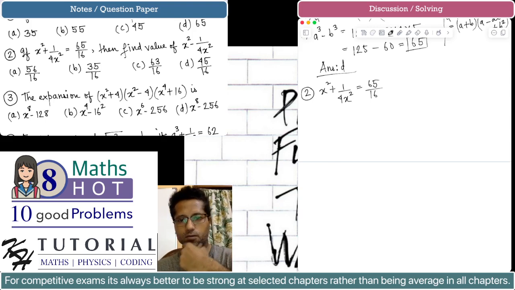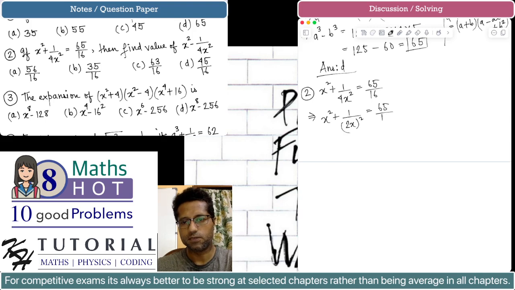Okay, now we know that x square plus 1 by 4x square, this is equal to x square plus 1 by 2x whole square, which is equal to 65 by 16.